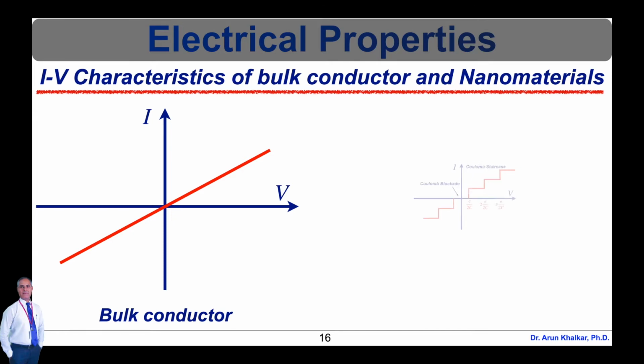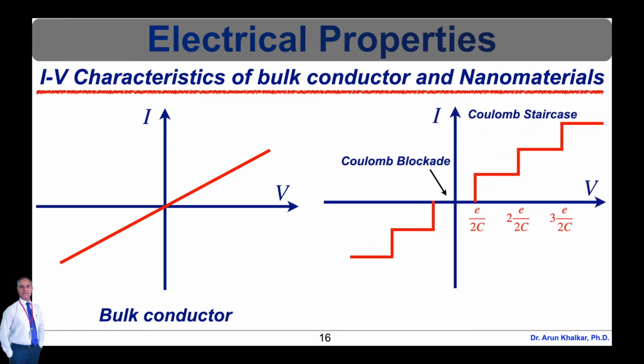Similarly, IV characteristics of nanoscale is shown in this graph. If dimensions of the conductor are in nanoscale, which is around 1 to 100 nanometer, there appears a region around zero voltage for which there is no current. A single electron is transferred by tunneling when the voltage is plus minus e upon 2C.